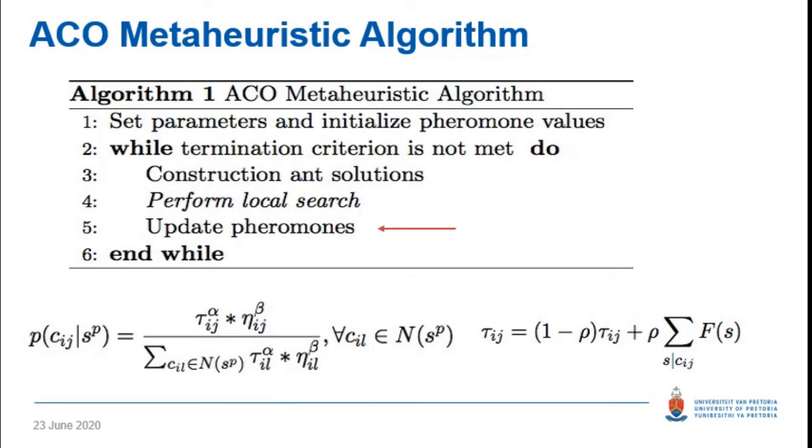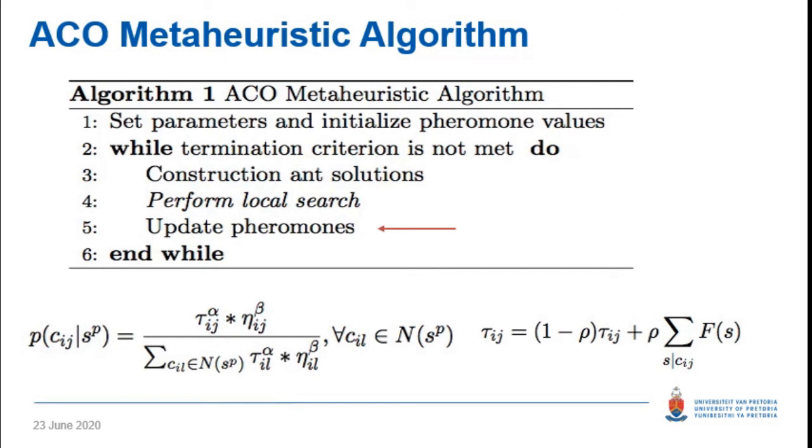That's summed with rho times the fitness values across the different components in your solution. So that's what the F of s is: the sum of the fitness values of your solutions that have been found.